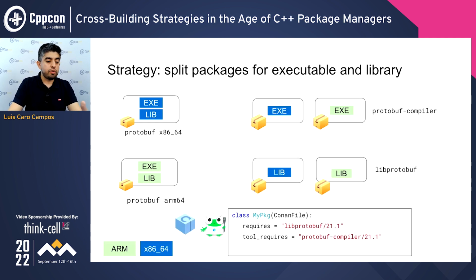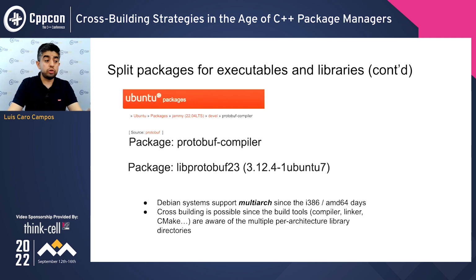And as I mentioned before, this is nothing new. This is actually how Debian-based distros do it, and have been doing it since those days where we actually supported both Intel 64 and 32-bit, where the system can have libraries for both architectures, right? So that's been extended over time. So you can actually install libprotobuf for Intel and also for ARM64 if you want.